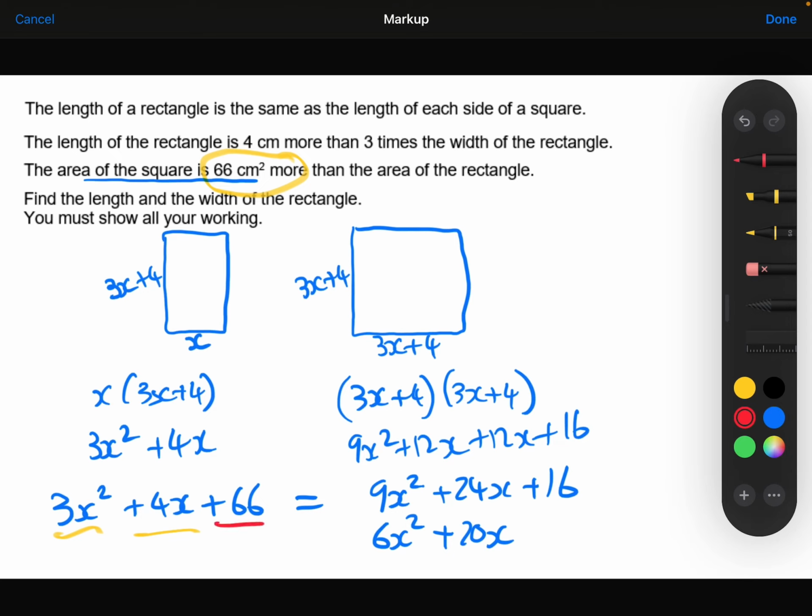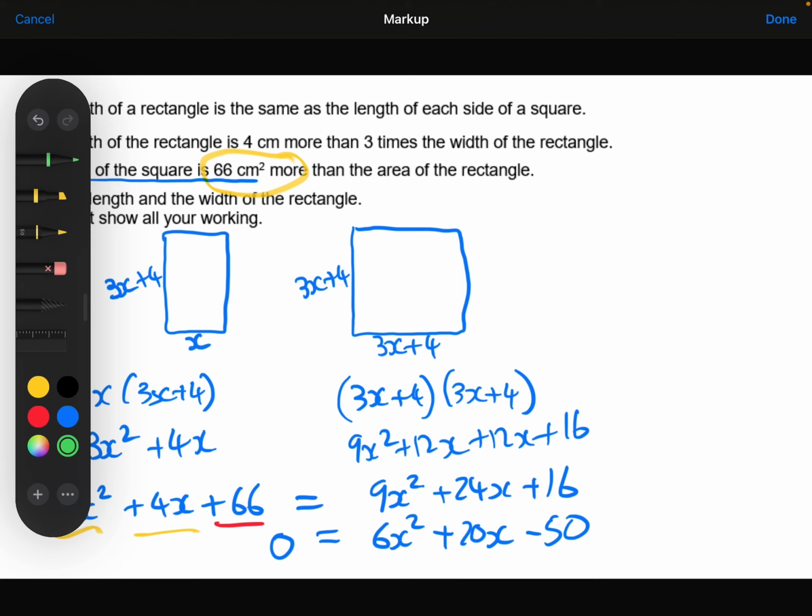Subtracting the 66 from both sides, the 16 take away the 66 is minus 50. Right, to make this quadratic a little bit easier to solve, I'm going to divide each term there by 2, just to make the numbers smaller and easier to deal with.